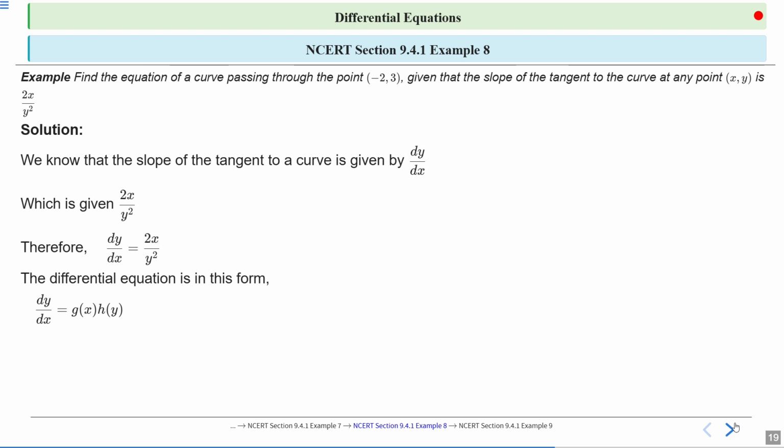The function f(x, y), that is 2x by y square, can be written as a product of two functions, g(x) into h(y), where g(x) is 2x and h(y) is 1 by y square. So it is of the form dy by dx is equal to g(x) into h(y).